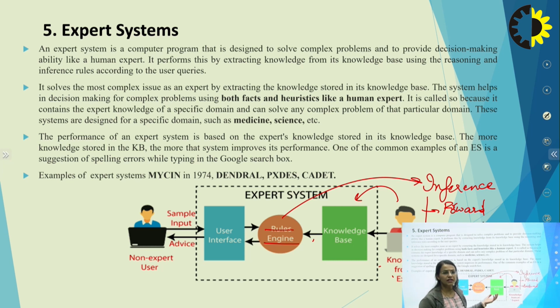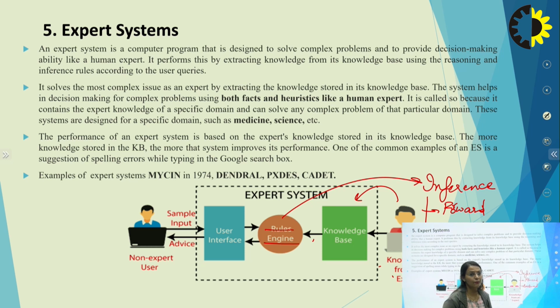The performance of the expert system, as I've told you, depends upon the knowledge base, and it is based on the expert knowledge stored in the knowledge base. So the more knowledge, or the more efficient the knowledge in the knowledge base, the higher the system efficiency and performance.